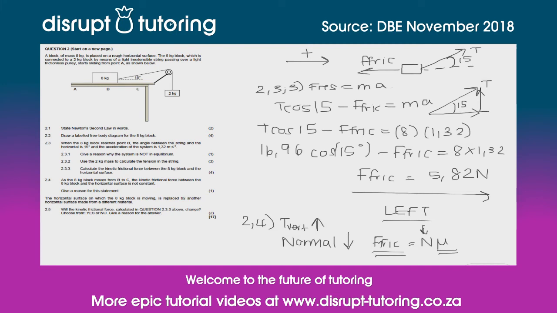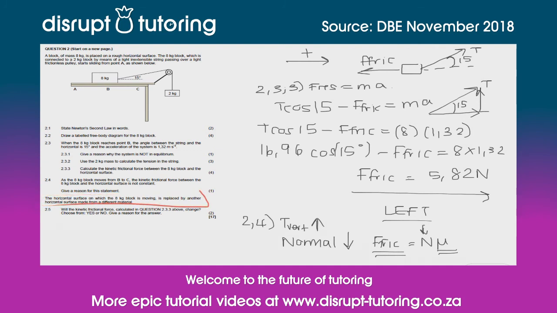Okay, then for 2.5, will the kinetic frictional force calculated in 2.3.3 above change? Choose yes or no and give a reason. So the answer is yes, because it depends on the surface. Oh, sorry, I didn't actually read the part above it.